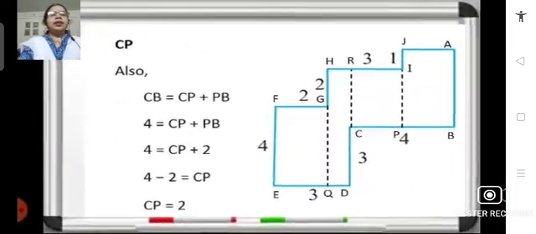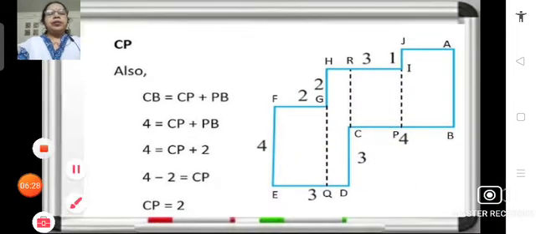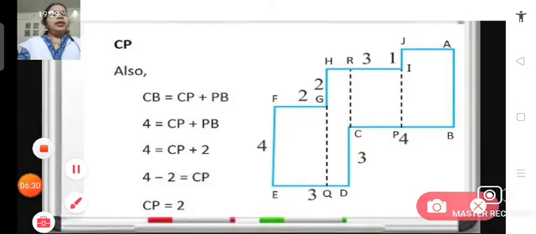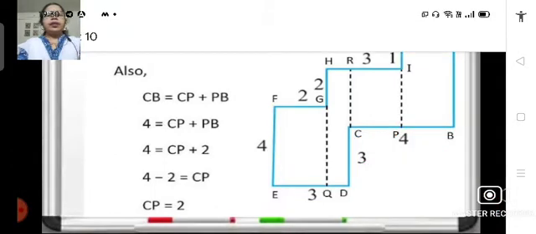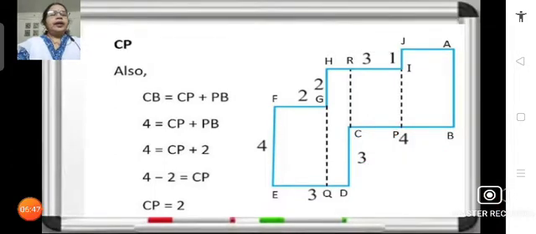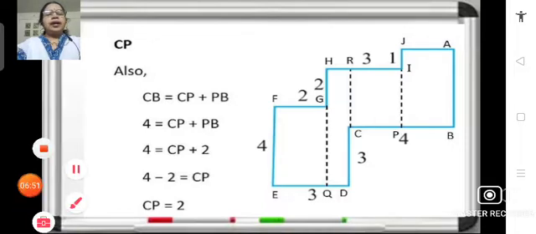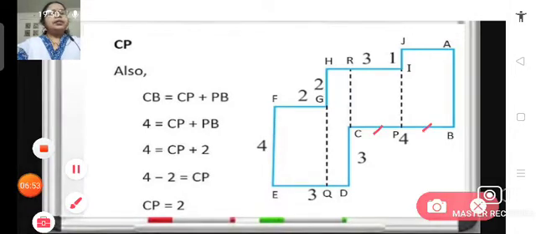Now let's find out CP now. CP, this one. So children, here also we know CB is given 4, isn't it? CB is equal to CP plus PB, isn't it?